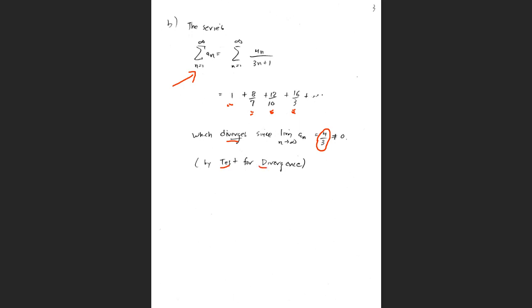If you have a series, in order for the series to have a chance to converge, I'm not saying it does converge, but in order to have a chance to converge, the terms of the series have to approach 0. But the terms of this series approach 4/3, because the terms of the series come from that sequence, and the limit of the sequence of terms is 4/3.